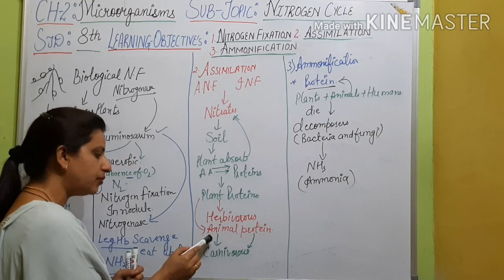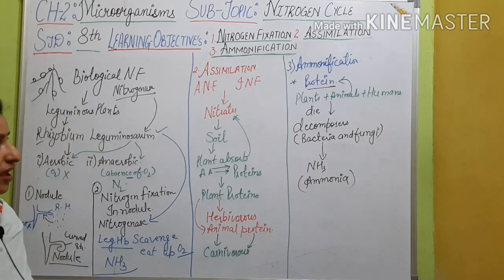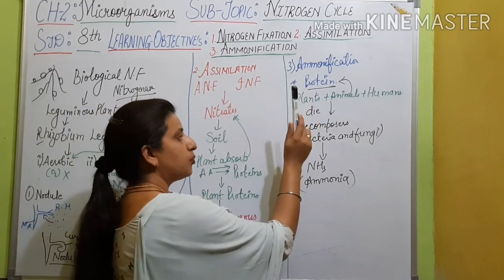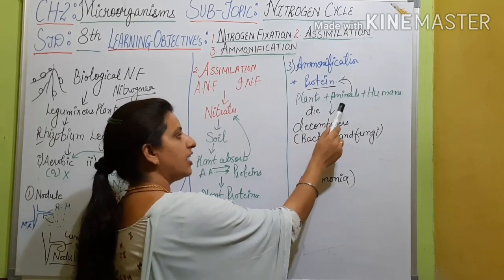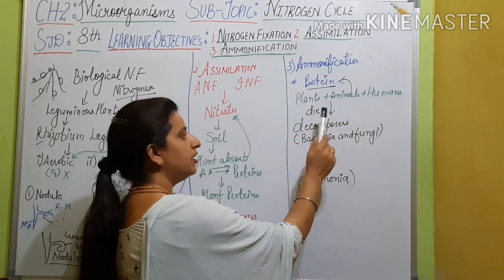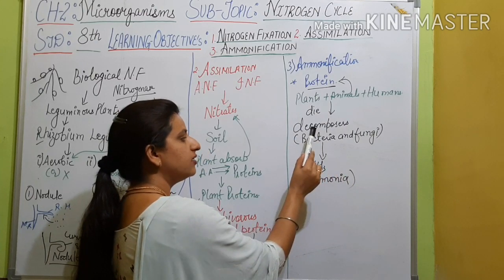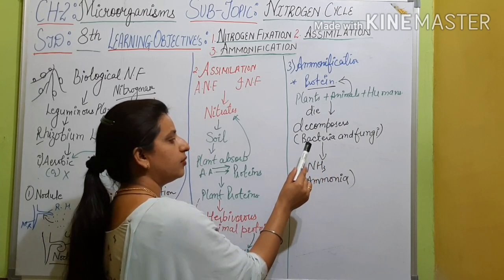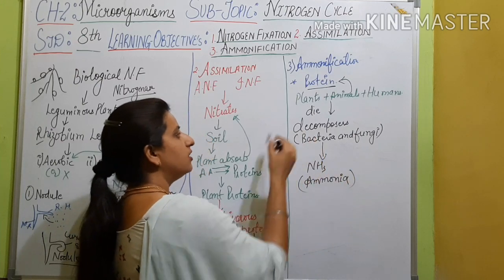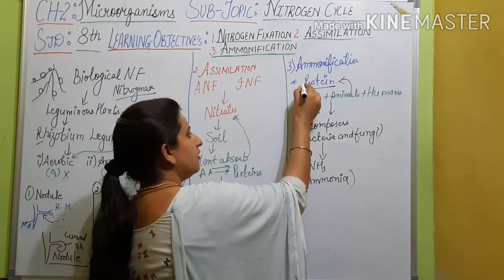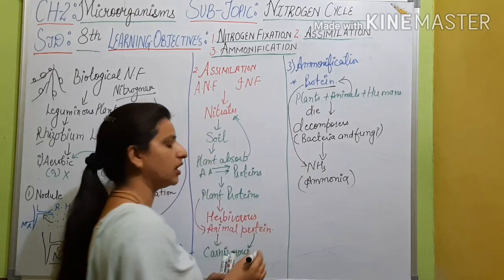Both plant protein and animal protein are eaten up by the humans, and finally in the process of ammonification, plants, animals and humans all will die out. When they die out, their bodies are decomposed by the decomposers, the bacteria and fungi, and again the complex protein will change into ammonia.